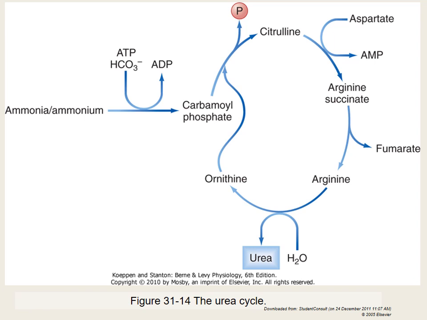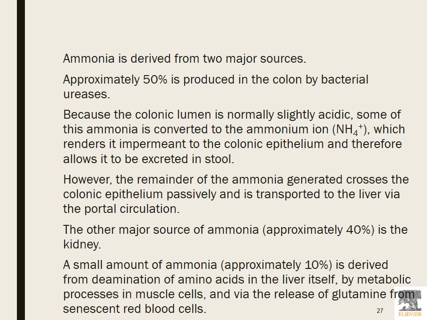Here you see the urea cycle. Ammonia enters the urea cycle and forms urea, as you see here. Ammonia is derived from two major sources.